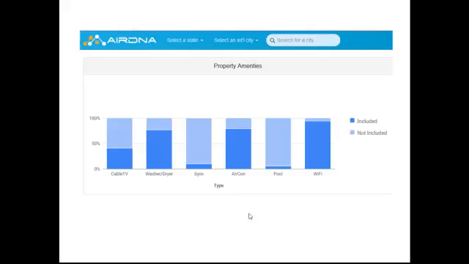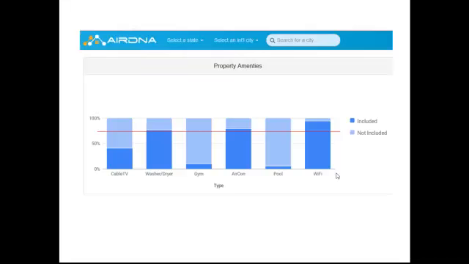I wanted to show you this slide from AirDNA to talk about amenities, what people expect to be in those units. You can see here we have cable TV, washer and dryer, a gym, air conditioning, a pool, and Wi-Fi. Now, my personal rule is I drew a line here at the 75% mark, and anything where over 75% of the people have that amenity, I would want you to address that.